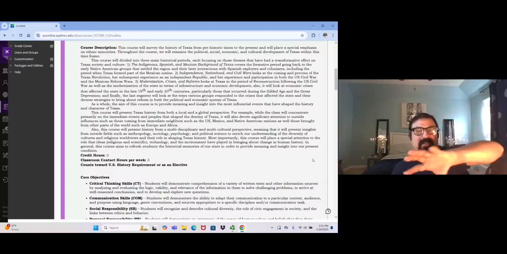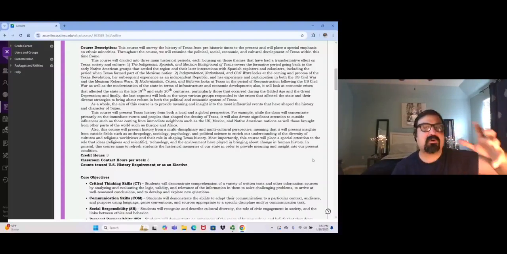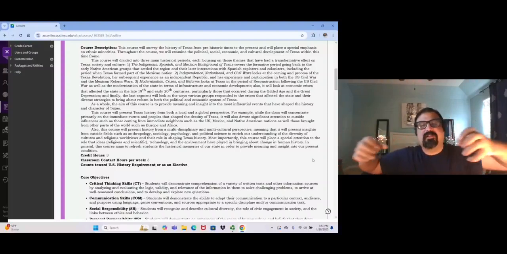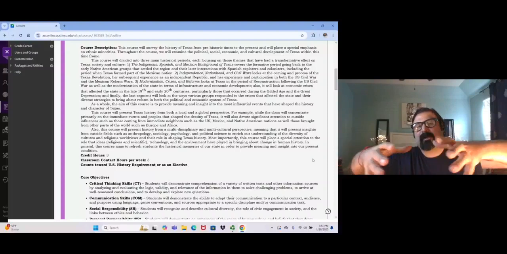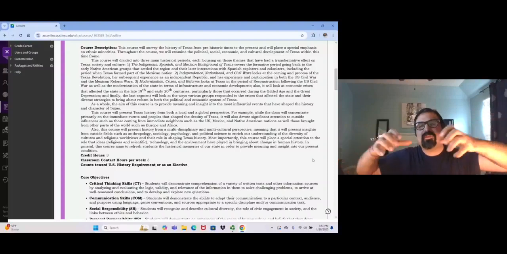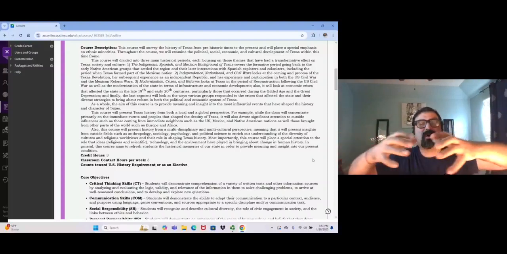And so we also examine that transition from nationhood to statehood, so to speak, and how Texas joining the American Union becomes part of this southern economic enclave, if you will, this slave-holding South.